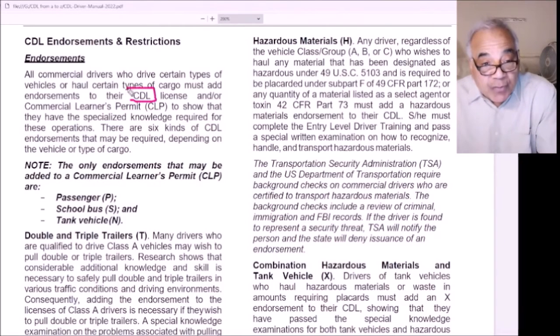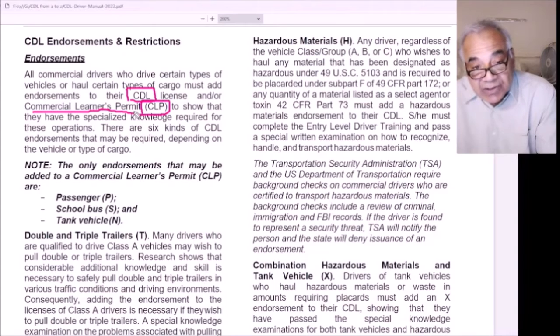Remember now, you have two kinds of licenses here. The CDL license, which means that is the driver that is fully licensed commercially, or a commercial learner permit. That is a driver that has passed the knowledge test and did not yet complete the skill tests, which means the inspection, the control, and the on-road tests.